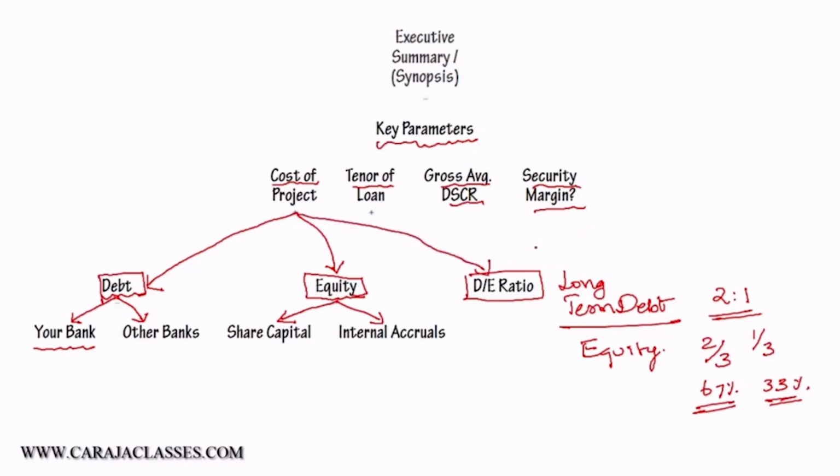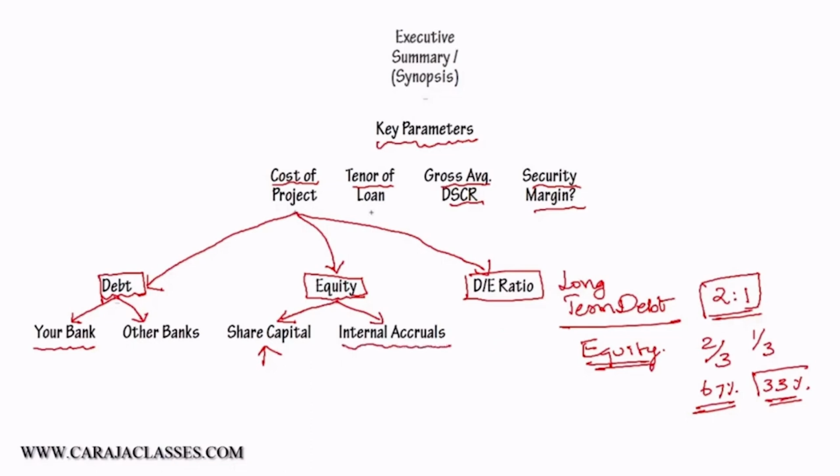So before going deeper into the project, the sanctioning authority will be able to frame an opinion. If they look at debt equity ratio as 2:1, and if they see that equity is 33% or more and it is coming fully in the form of share capital, then they'll be happy. Why? Because internal accruals is a different game.